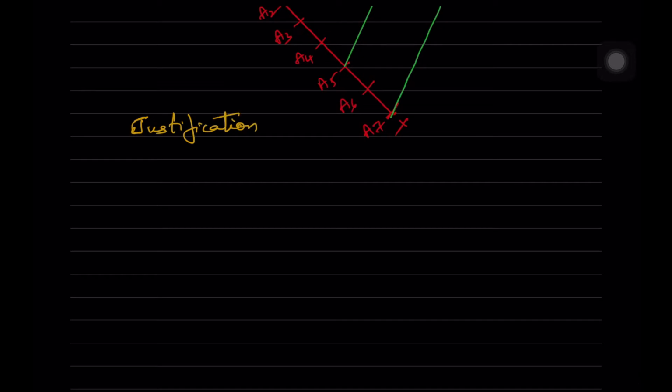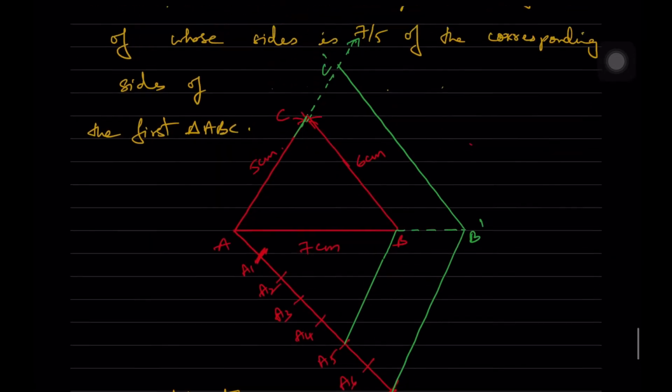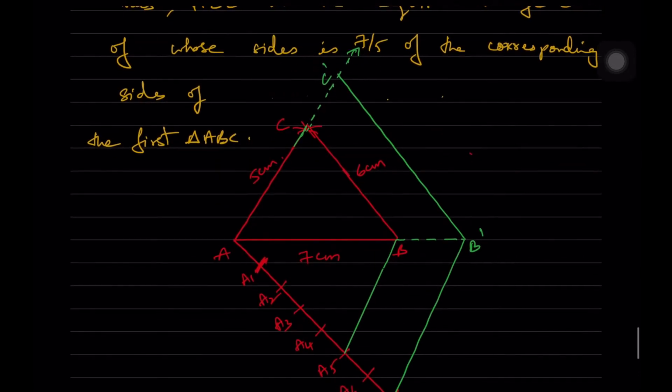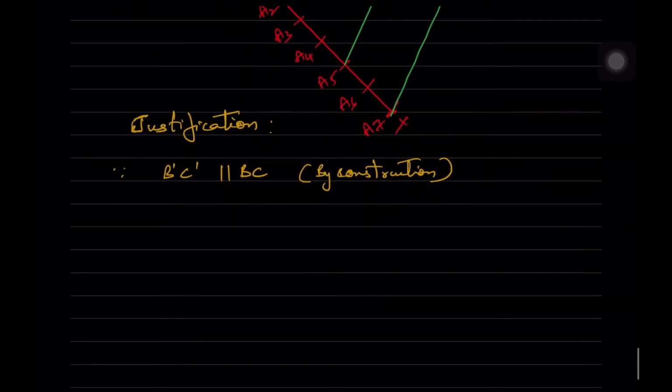Again using the basic proportionality theorem itself, we'll be doing the justification here also. Since B dash C dash is parallel to BC by construction, you can see from this that B dash C dash is parallel to BC.